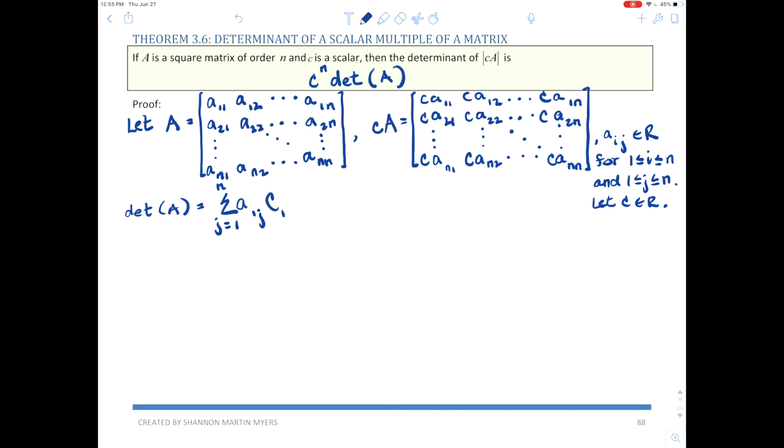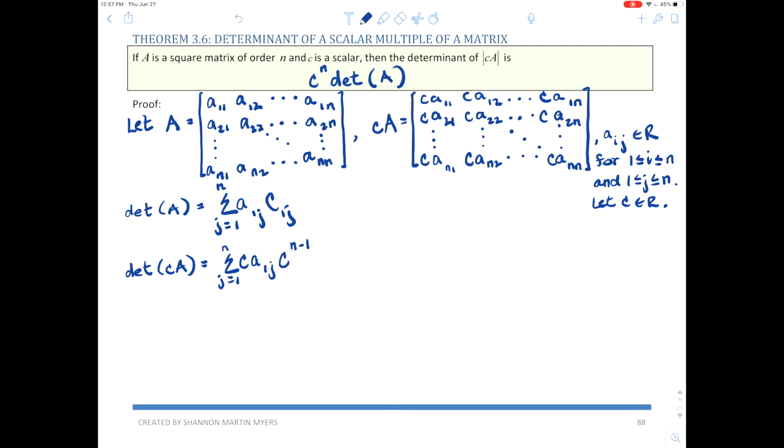So now the determinant of CA would be the summation from j equals 1 to n of C times A1j, all right? Good.